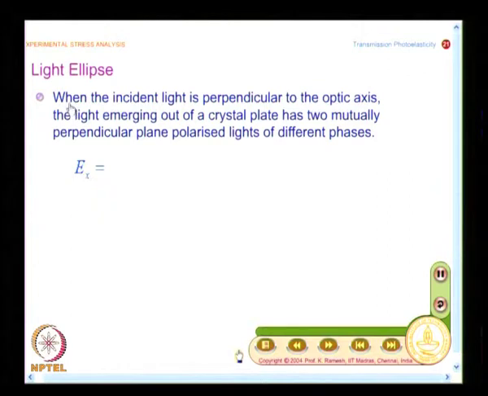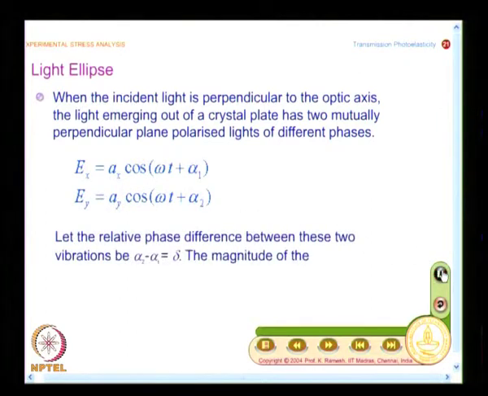For one incident light I have two refracted beams that travel with different velocities, and they could be easily represented by Ax cos(omega t plus alpha 1) and Ay cos(omega t plus alpha 2). So, I essentially have two simple harmonic motions, one in the x direction and one in the y direction. They have different amplitudes Ax and Ay, and in general you could also think of phases alpha 1 and alpha 2.